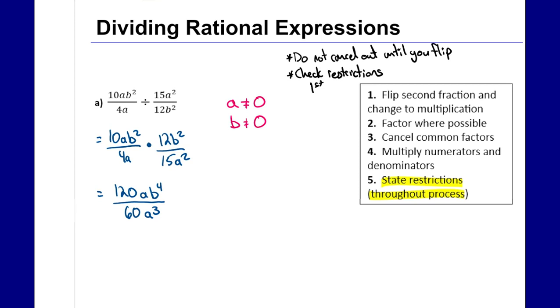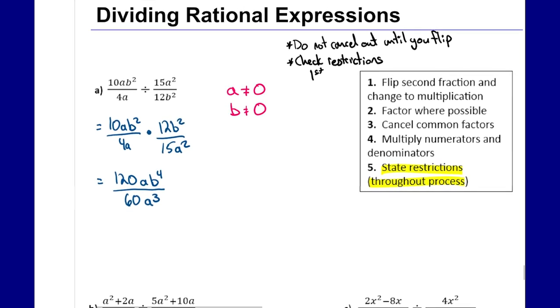Again, no new restrictions have come into place, because looking at the bottom is just a. There's no factors, so a just can't equal 0. I can cancel out my values and be left with 2 and 1. Cancel out the 3 and be left with negative 2. Or you could think of it as, I have 1a on the top, canceling out 3 on the bottom, so I'm left with 2 on the bottom.